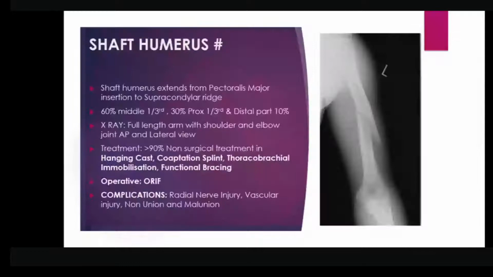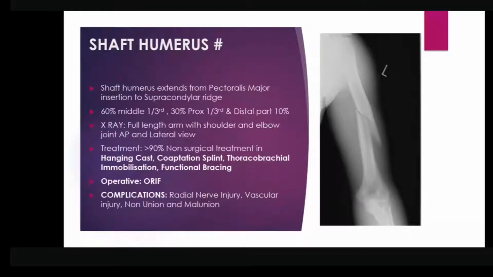Shaft humerus, again, nothing different from other things. Another important thing is the fracture pattern. Whenever you consider a fracture, there may be 4 types of fracture in any long bone.